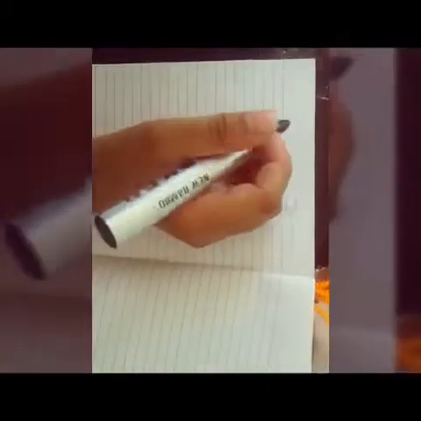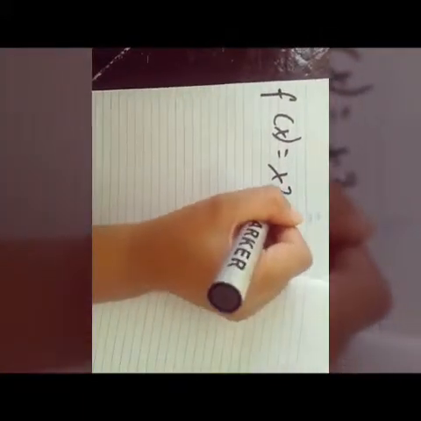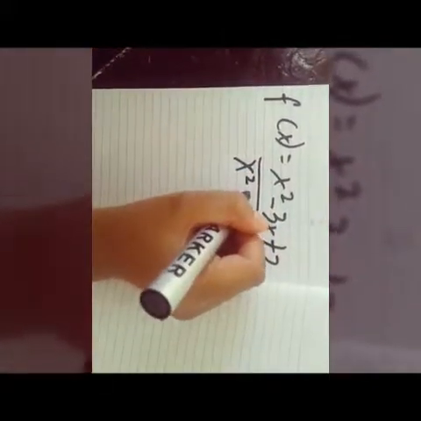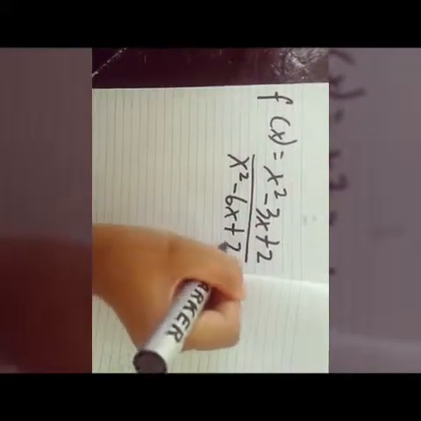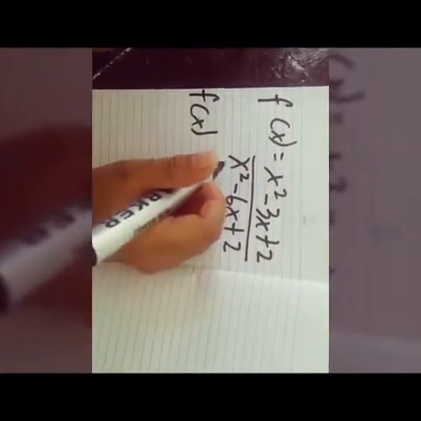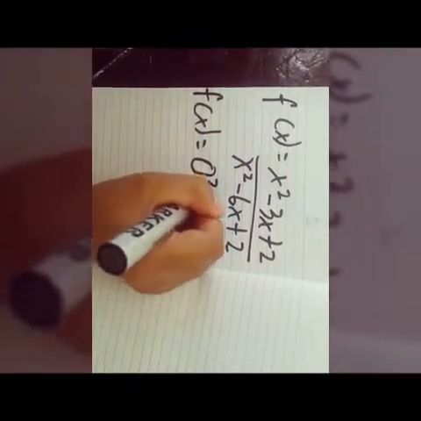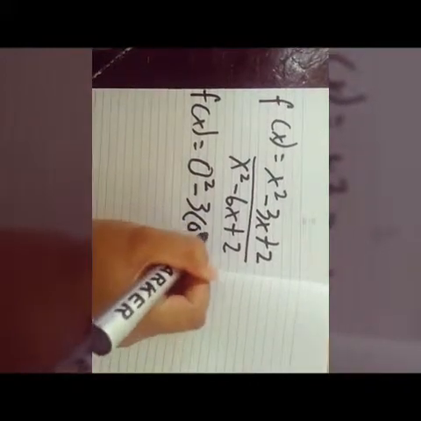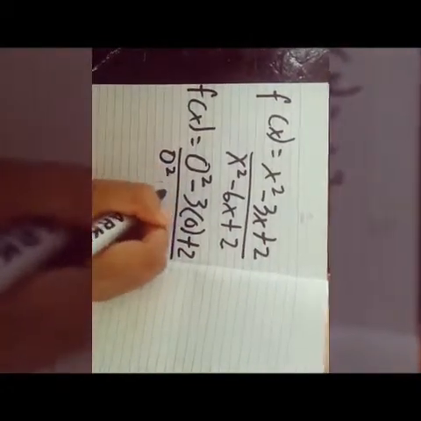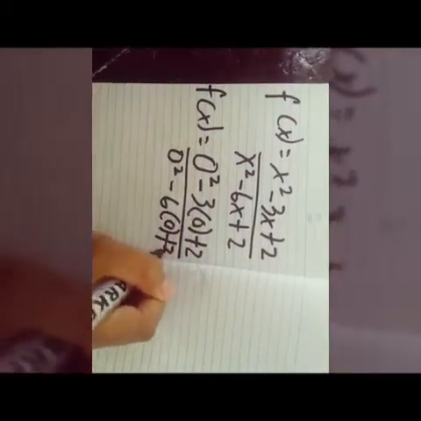Example. Given f of x equals x squared minus 3x plus 2 all over x squared minus 6x plus 3. For f of x, we must substitute 0 for x. f of 0 equals 0 squared minus 3 times 0 plus 2 all over 0 squared minus 6 times 0 plus 3.